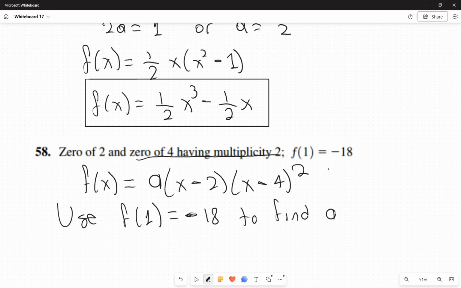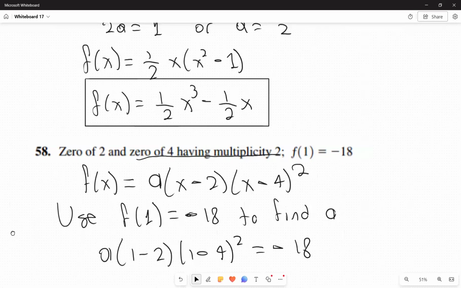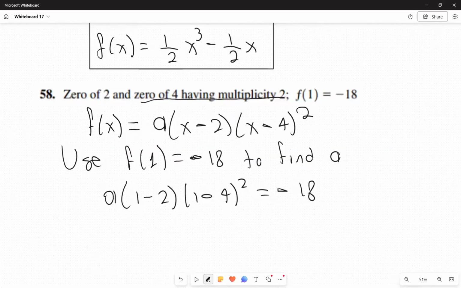Okay, so let's plug it in. A times 1 minus 2 times 1 minus 4 squared equals -18. So 1 minus 2 is -1.